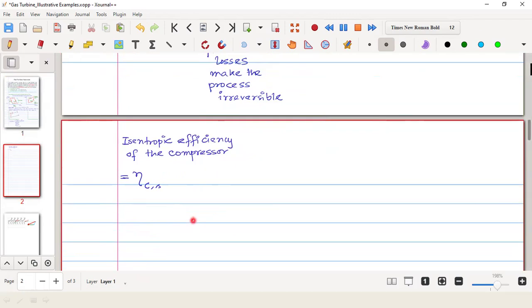Eta is the symbol for efficiency. So this is basically W C S divided by W C actual. WC means work for compression during isentropic process divided by work for compression during the actual process.